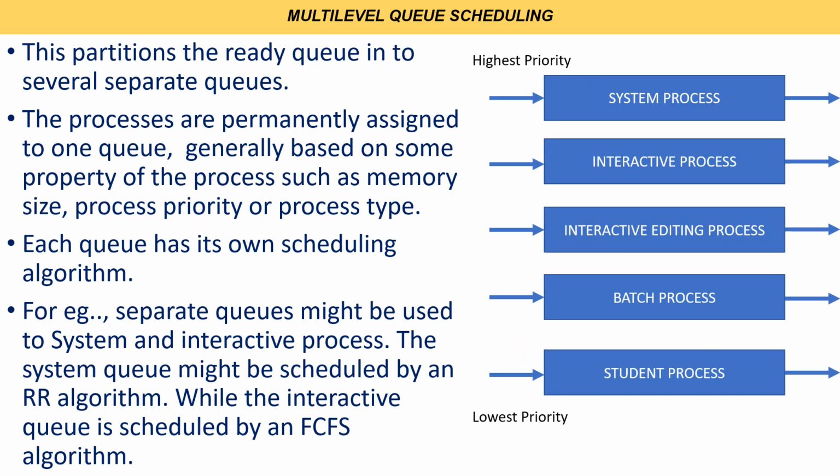Multi-level queue scheduling is another scheduling mechanism wherein the processes of the system are divided into several classes, and each class is assigned one type of scheduling algorithm. For example, in the system we have many processes: system processes, interactive editing processes, batch processes, and student processes.